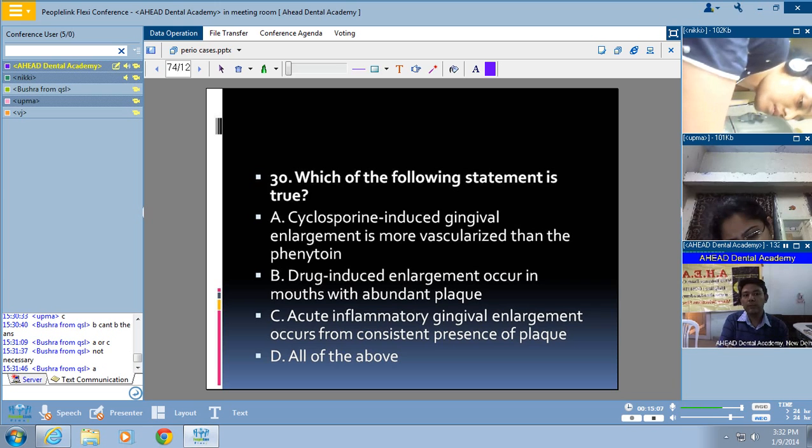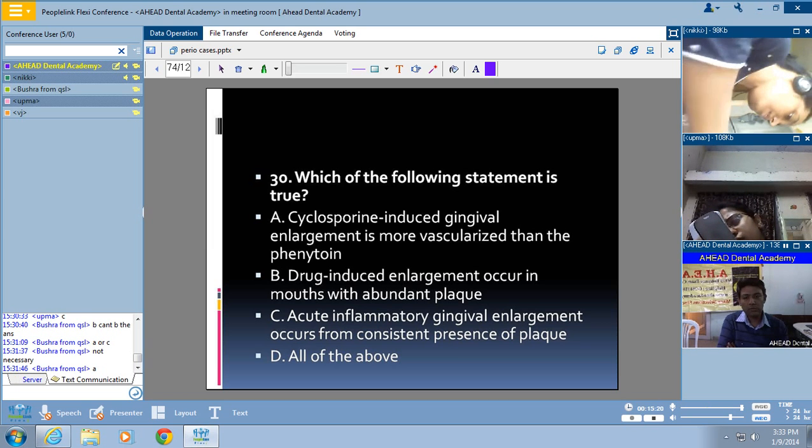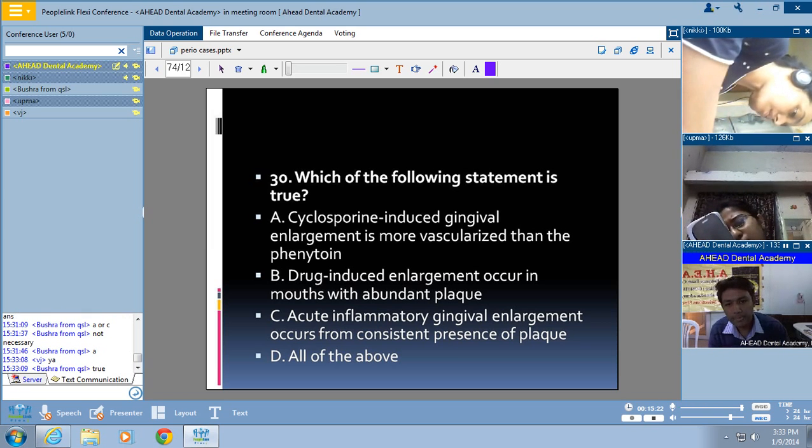When it is more fibrous, it's less vascularized. So cyclosporin-induced gingival enlargement is more vascularized than the phenytoin, which is a true statement in itself, isn't it? I guess A should be the answer.